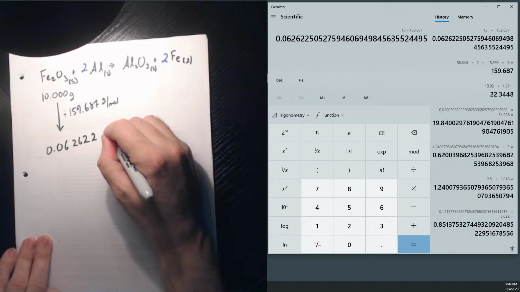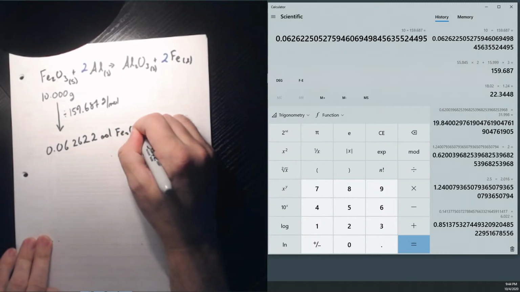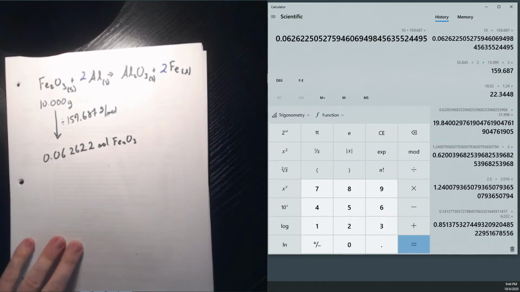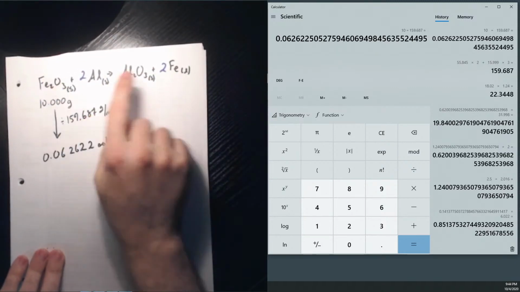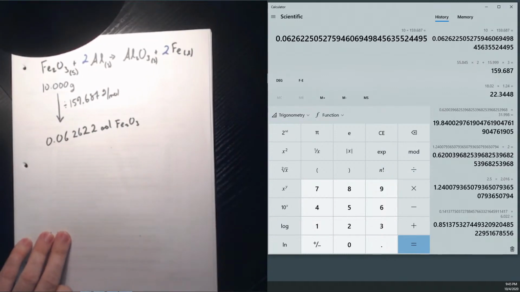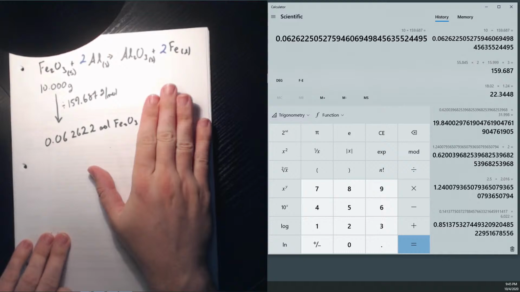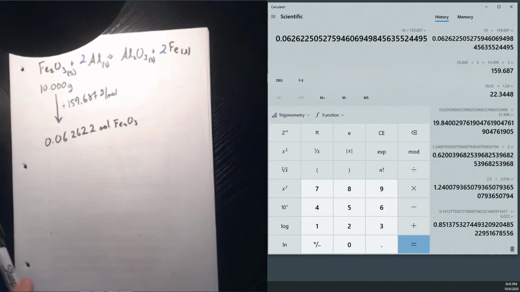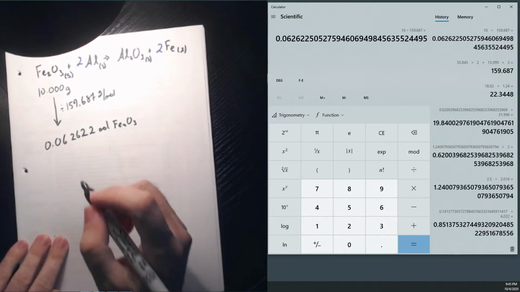2 moles of rust. Now, a lot of people get it sort of twisted. They try to take into account the fact that there are 2 atoms here and 1 atom there. Don't do that. Just go ahead and trust your coefficients. They will get you where you need to go. Okay. So now let's go ahead and do our stoichiometry. We have moles of rust.